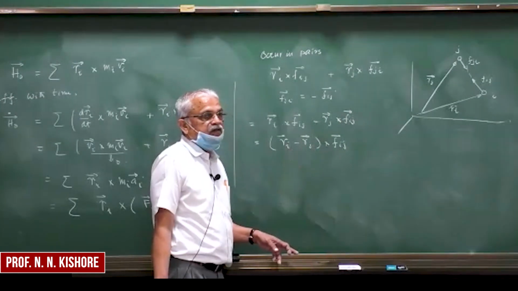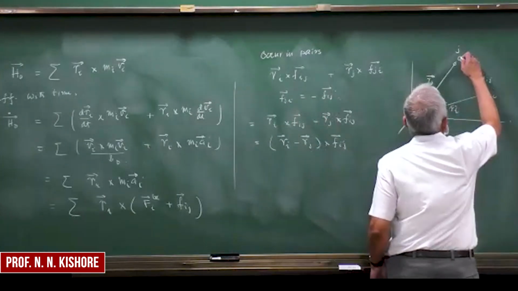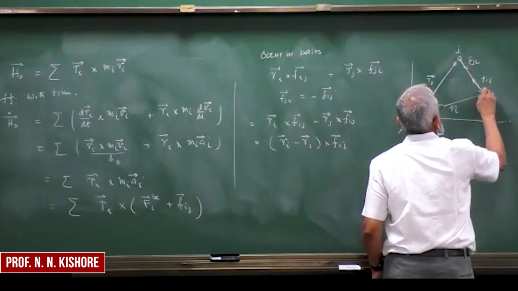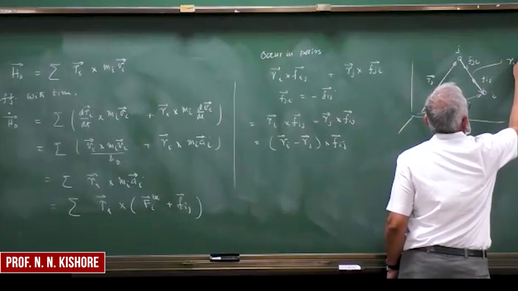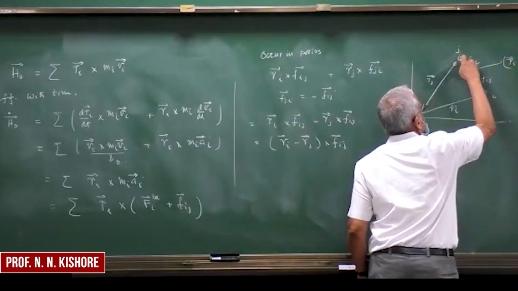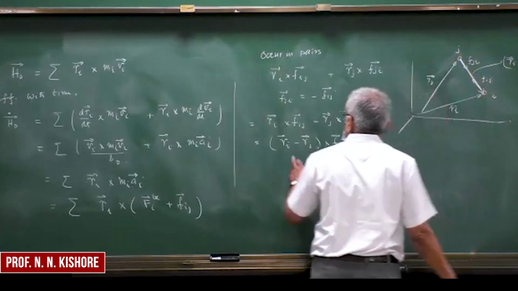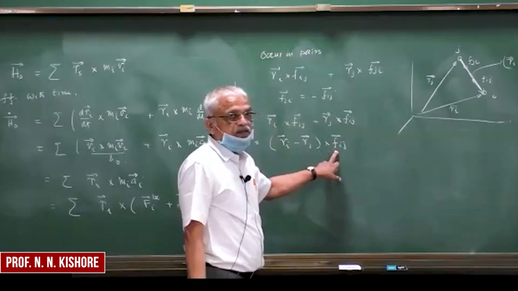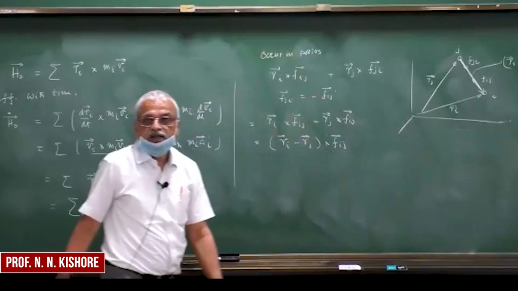Rj is nothing but a vector in this direction. So this vector here starts from the jth particle, and what about Fij? Fij is also acting along the line.